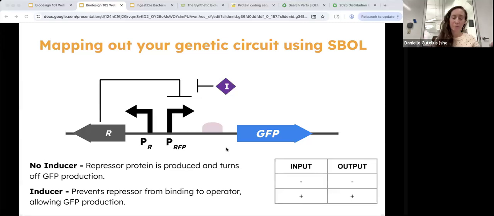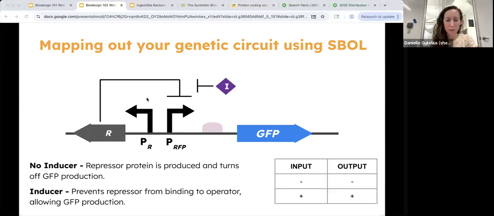But we also have our promoter regulating our repressor protein. We show that it's a repressor protein by putting that little T, the inhibiting symbol, next to the GFP promoter. And then we show that our inducer molecule, which is the I here, would inhibit our repressor by, again, having that inhibition symbol.